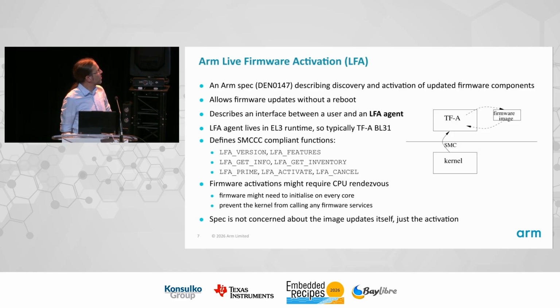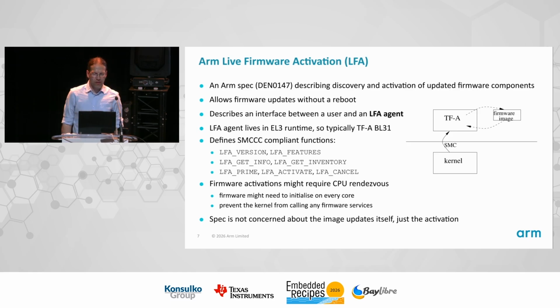And there's some user, which is typically the kernel, but it could be anything running at lower levels, and that requests a firmware to be activated, as we call it. And this is then left up to the agent to deal with how it exactly happens, so where to get the firmware image and how to prepare the firmware image and how to make it happen that basically is kind of a seamless update happening.